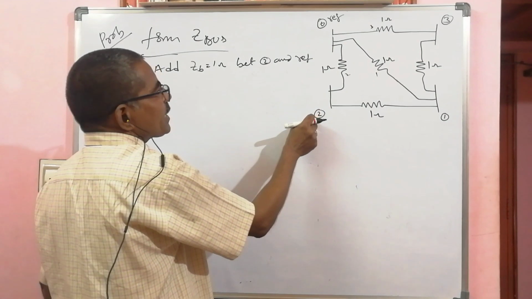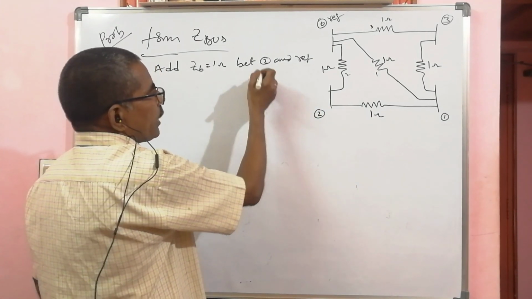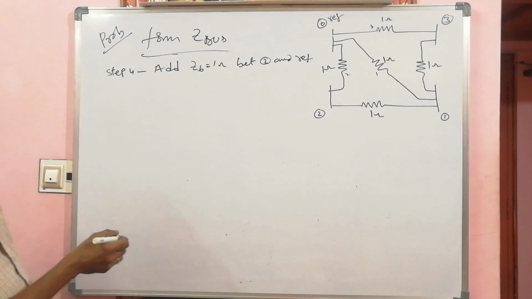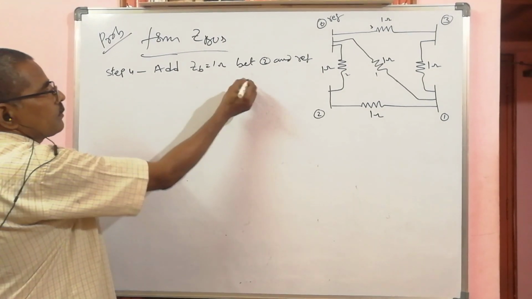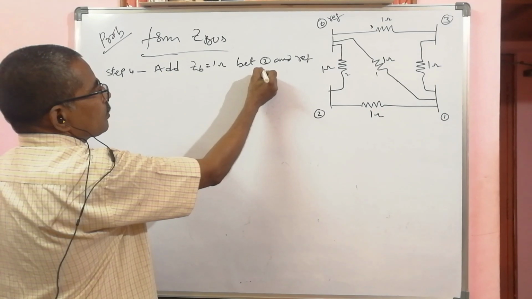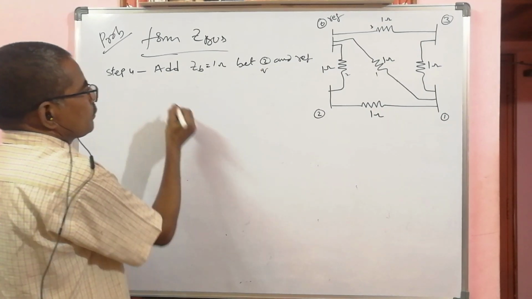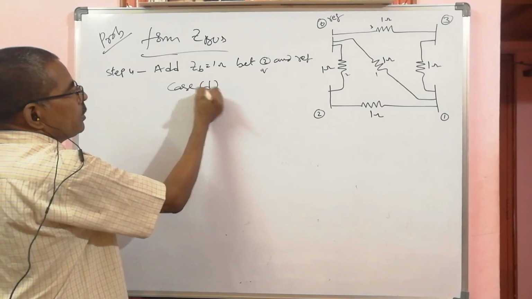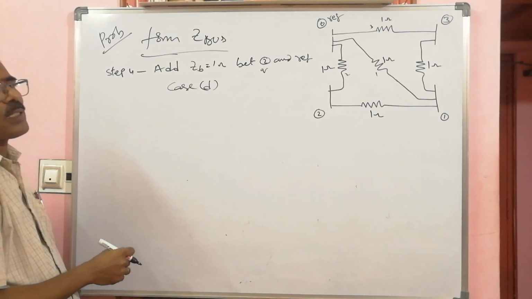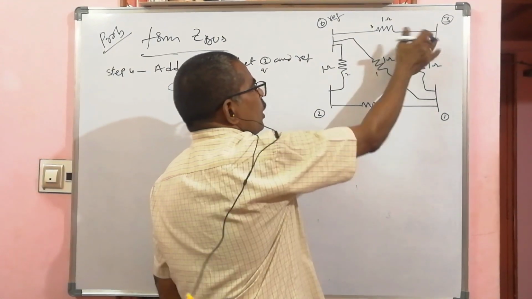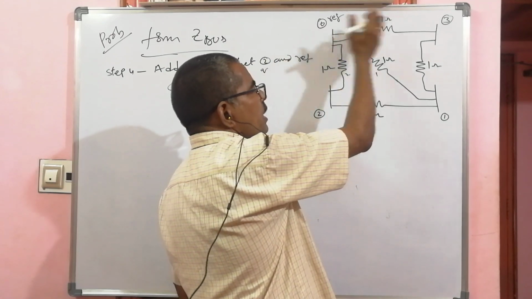What is 2? 2 is existing bus. So existing bus and reference. What is this case? Existing bus and reference. Case D, is it not? Existing bus to reference. We are adding ZB between existing bus and reference. 1, 2, 3, all 3 buses, of course reference, they are all existing.